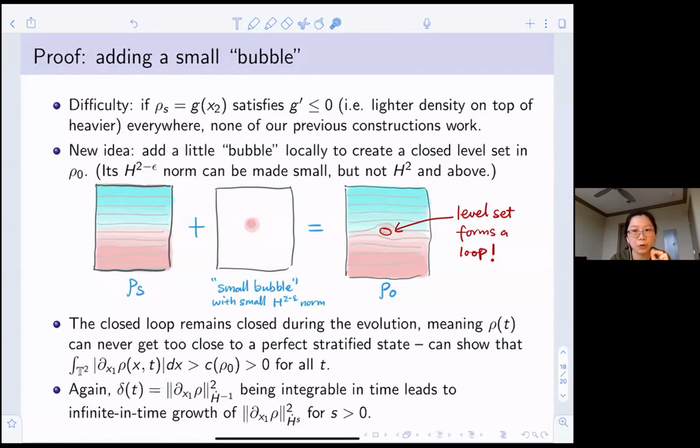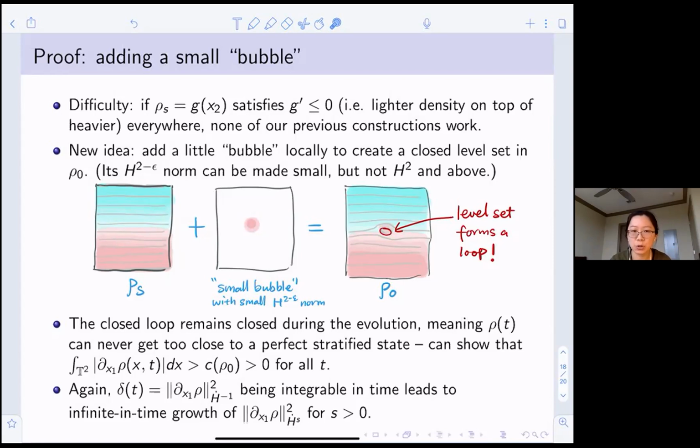Okay, so for a bubble with its maximum gradient of order 1, because the gradient here is also of order 1, it means that this could beat that one, right? So we just want the level set to be forming a small loop here.